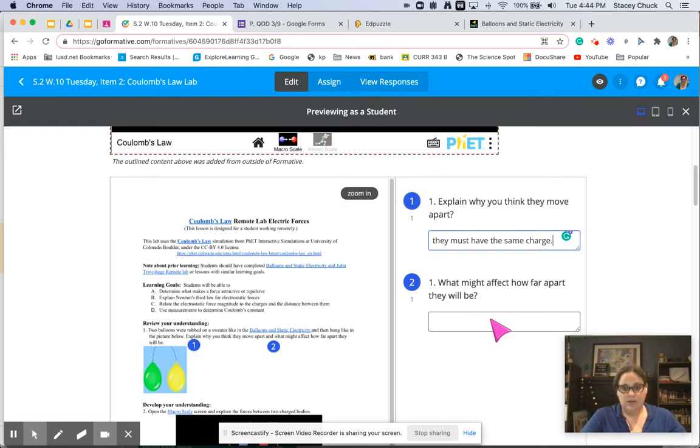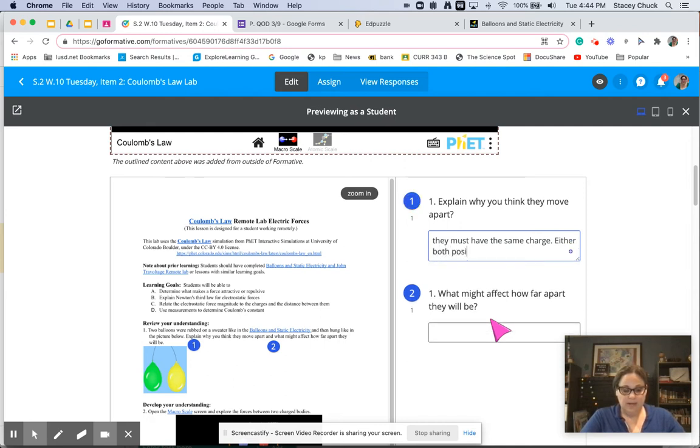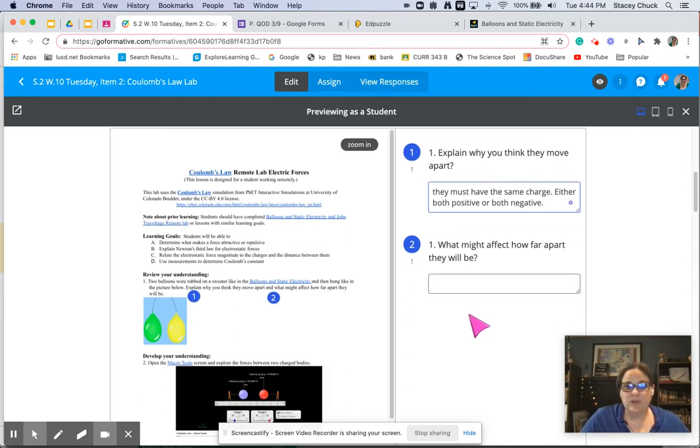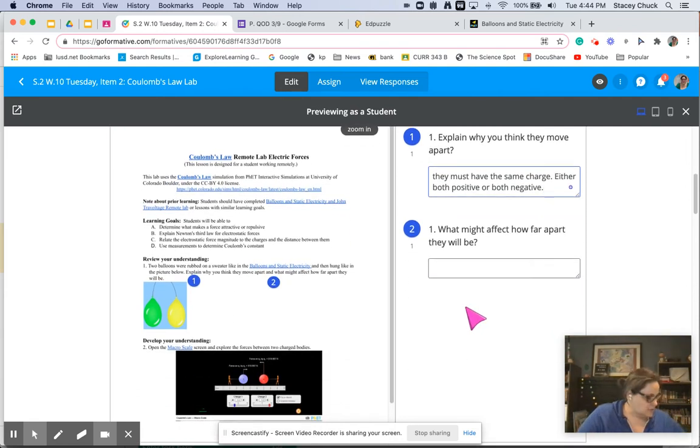Either both positive or both negative? And you don't really have to know which one it is to get this question because we just know that anytime things repel, it's because they have the same type of charge, whether it's negative or positive.